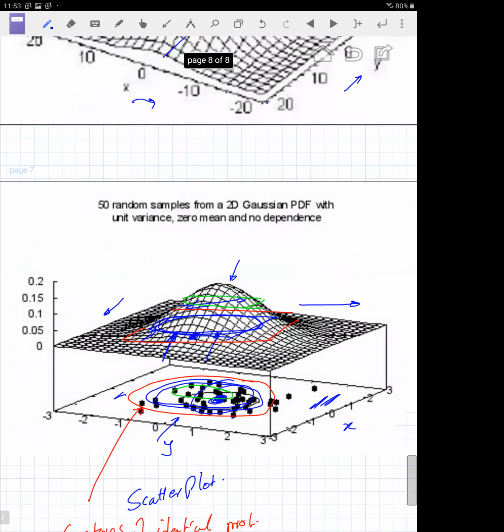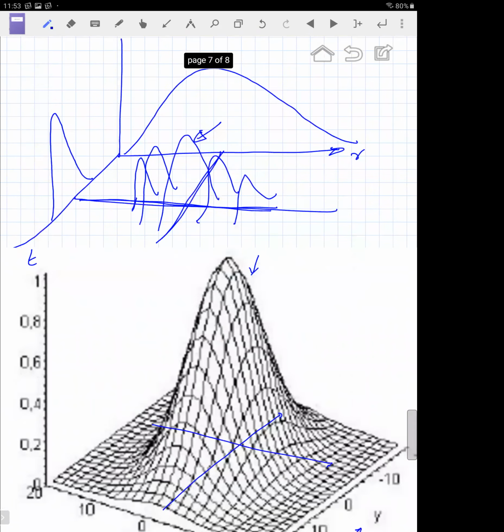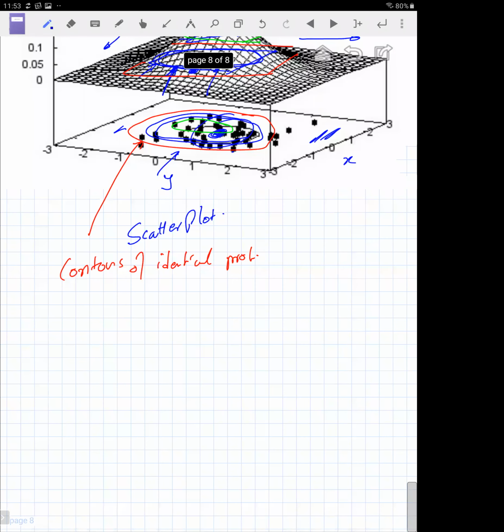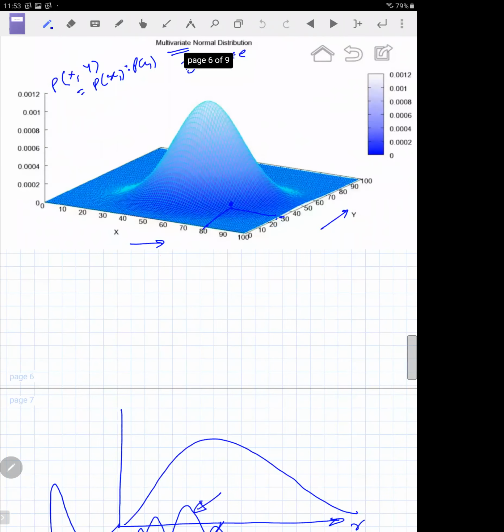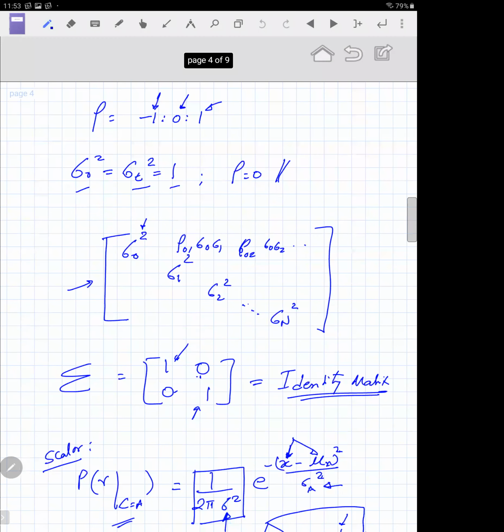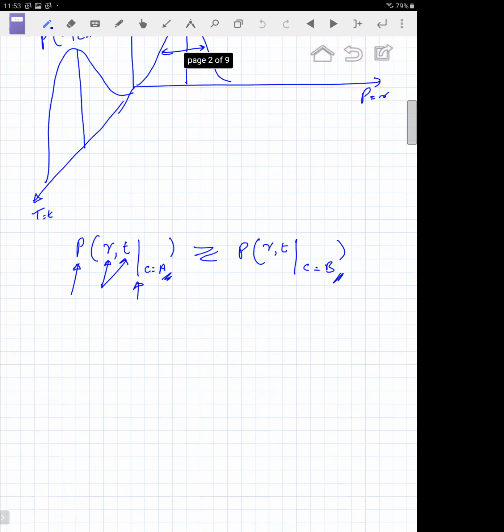Let's see, what did we cover? We did the 2-dimensional distributions, and we did the scatter plot. Okay, we still haven't decided why we did all of this. So remember, we started off with our ultimate goal of computing this one.